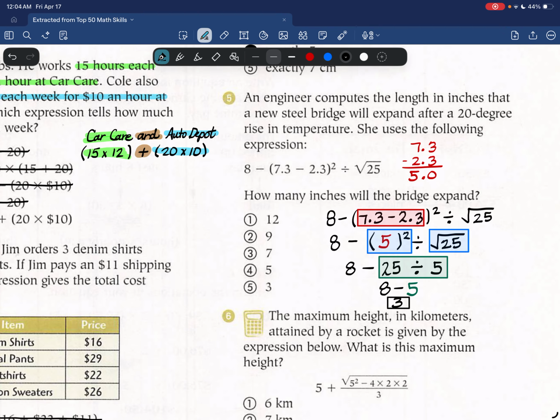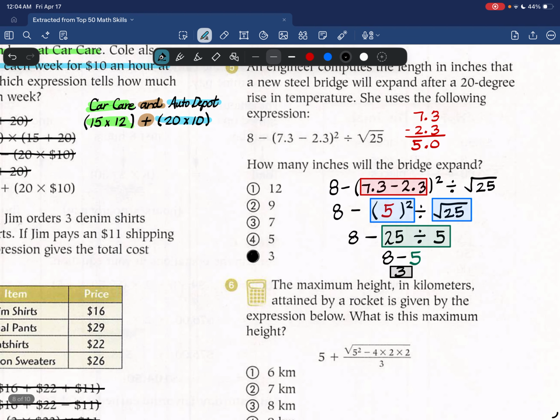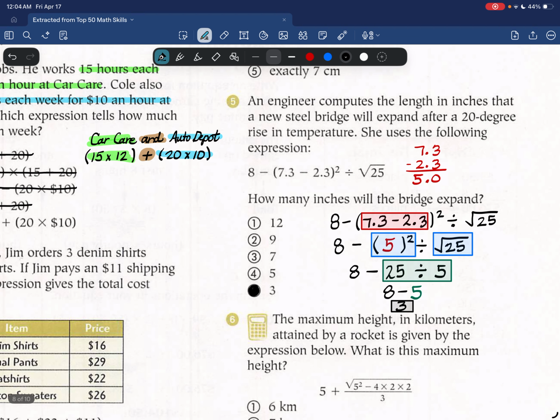So I would expect this bridge to expand 3 inches when it gets too hot, or when it gets 20 degrees warmer in temperature. That would be important if you're an engineer, to know how much expansion you're going to see. It's a good question. It's a good science question.